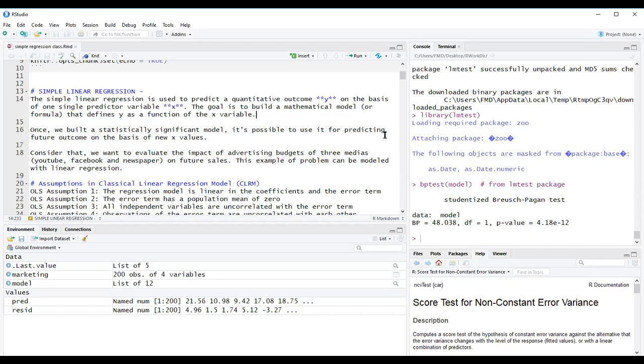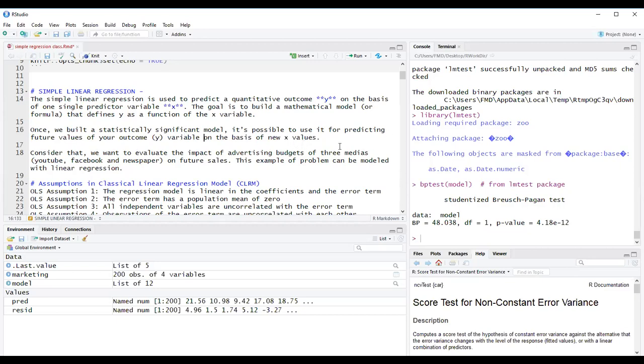So let's write here: for predicting future outcome, that's your y, future values of your outcome variable on the basis of new x values.